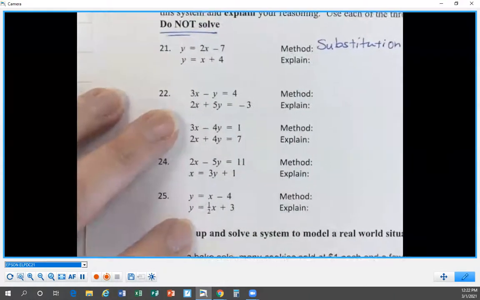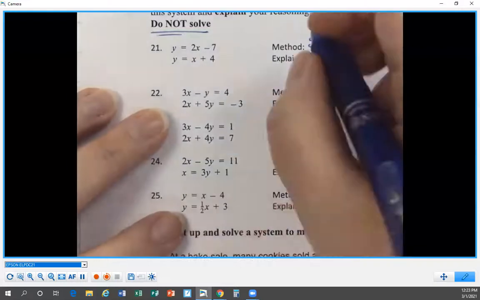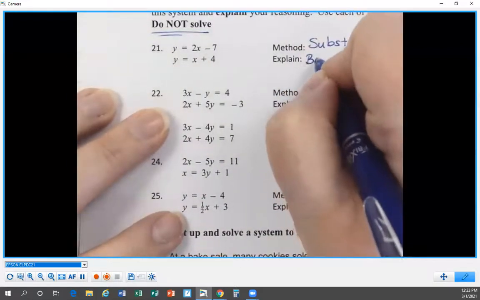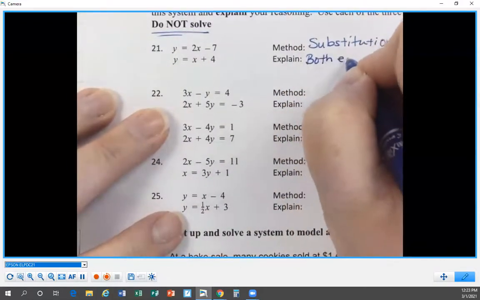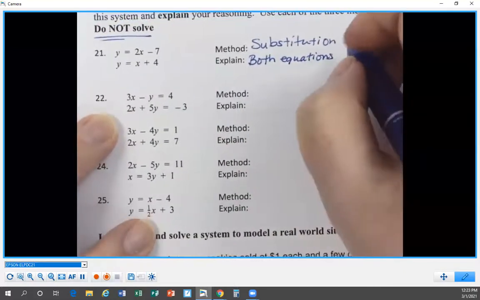Okay, so both equations are solved for y, so we can set the right side of each equation equal to the right side of the other equation. Both equations have the y isolated.